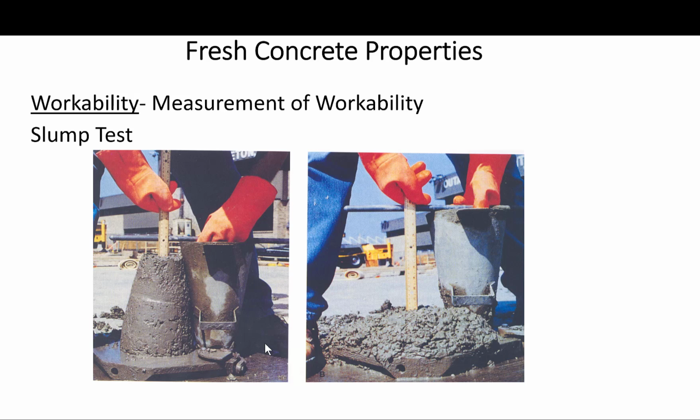So again, we are not looking for exact values, we're looking for consistency. The slump test, for example, is a good quality control measure to verify uniformity and consistency for a mix, within batches or between different batches.